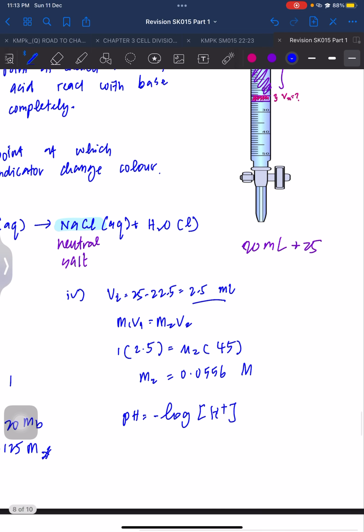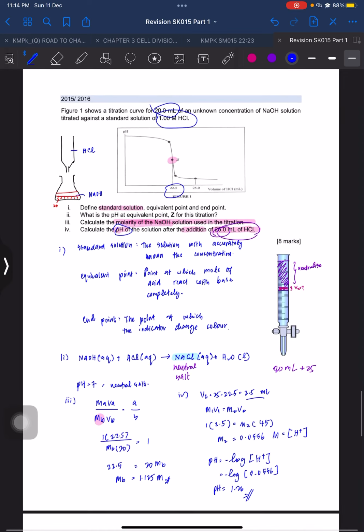Silalah ingat bahawasanya ini sama dengan concentration of H plus. Okay, so kita akan dapat negative log 0.0556. Kita akan dapat 1.26. That is our pH. Okay, thank you.